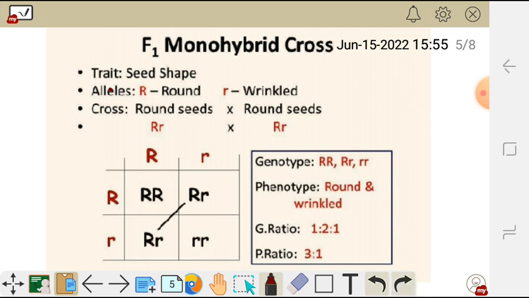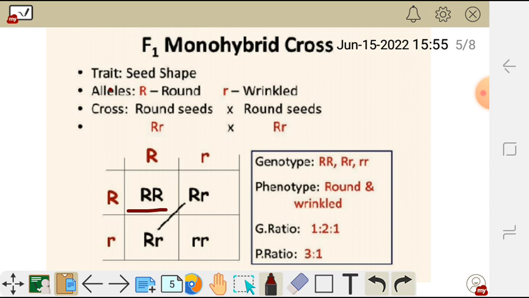So for the genotype, we have this dominant homozygous, and we have heterozygous, these two here, and then we have a wrinkled seed. For the phenotype, we are going to have round, which is these three round shaped seeds, and one is wrinkled.